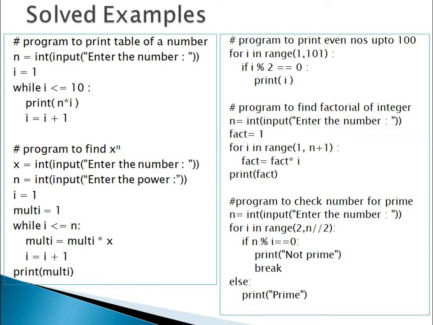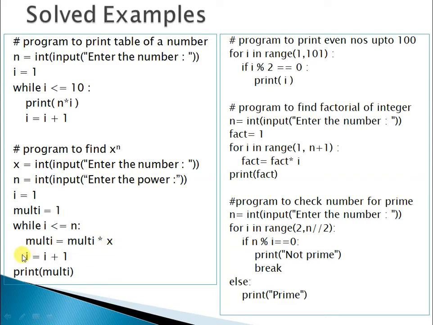You have to do x into x into x. That means the next logic of multiplication series, multi is equal to multi into x. Why x? Because you have to multiply x again and again. You are not multiplying any other thing. You are just multiplying x again and again. That's why multi is equal to multi into x.